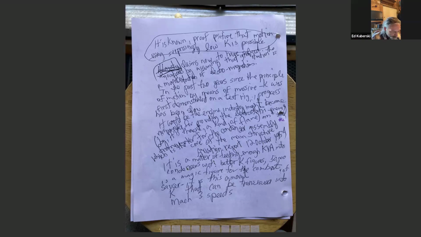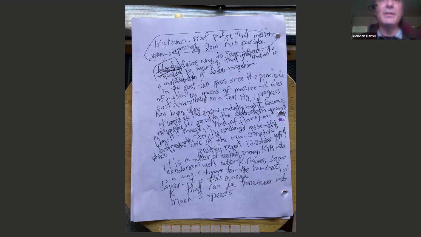It is a matter of freeing enough kVA, kilovolt amps, into the condensers with better K figures. 50,000 is a magic figure for the combat saucer.